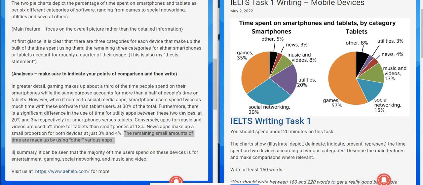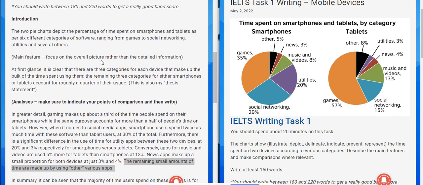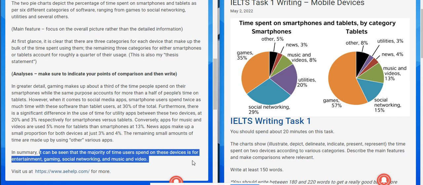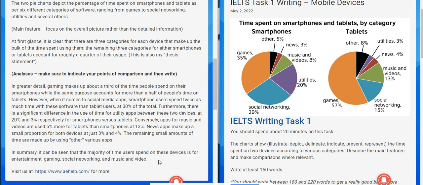Then you can use the conclusion or the overall. After the introduction or your main body, you can write the main thing as the overall. In summary, it seems that the majority of time users spend on these devices is for entertainment: games, social networking, and music and videos.